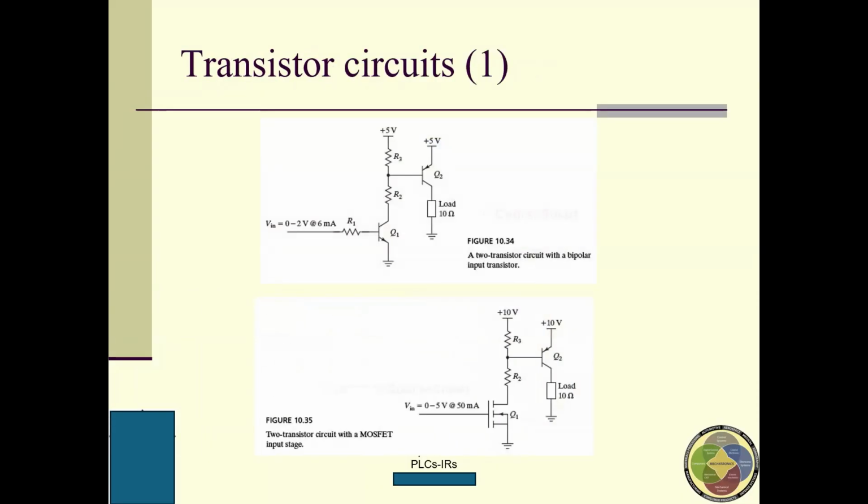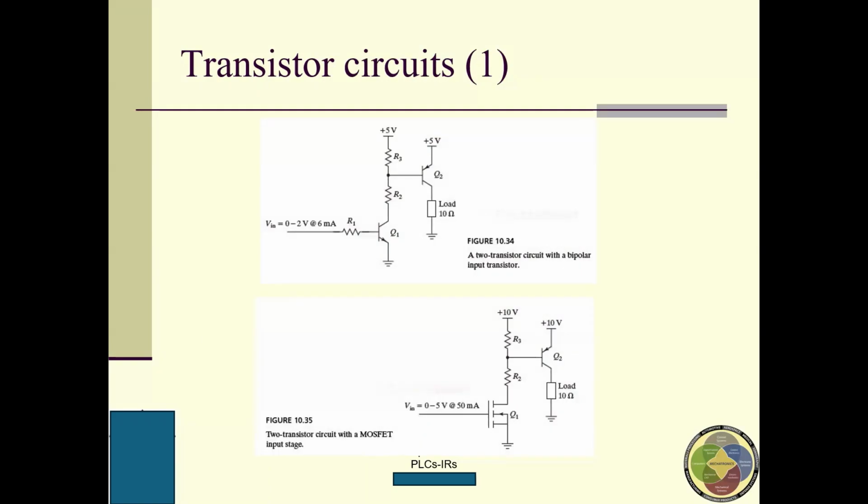So here is the NPN and the PNP type. How does it work? I'm going to talk about these two, and then we have several examples. Try to explain this one. For this one, the input is 0. At the very beginning, if this input is very low, that means no current.